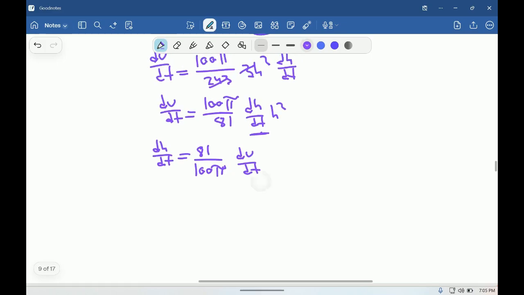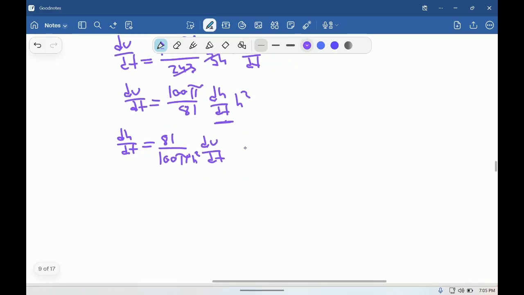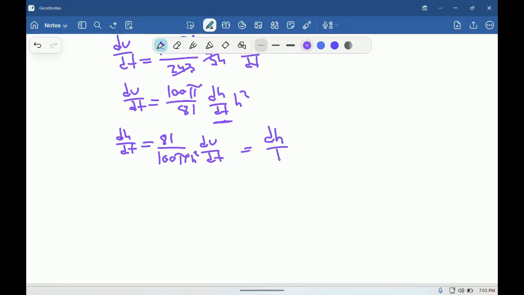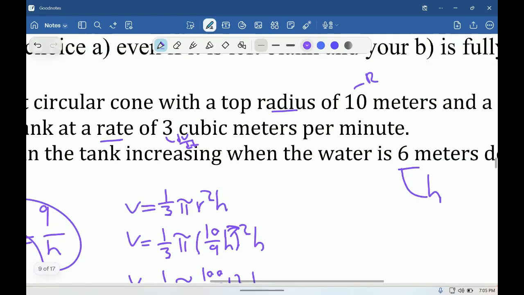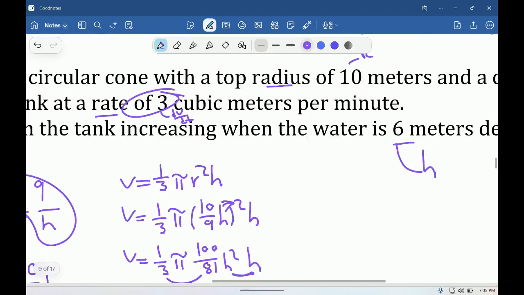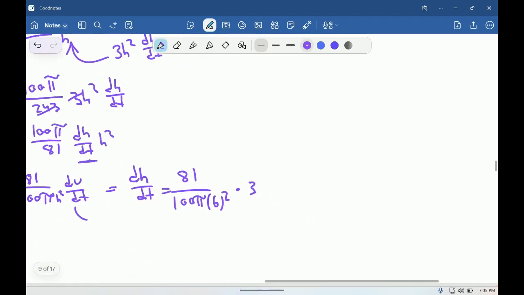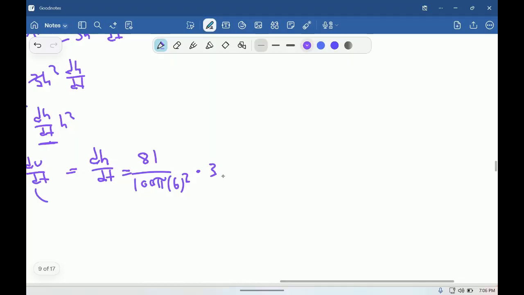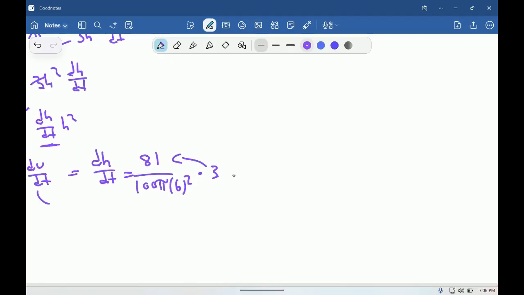So we're going to plug that into our h squared. It's going to be dh/dt equals 81 over 100 pi 6 squared times 3, because this is where we get our dV/dt from here, times 3.